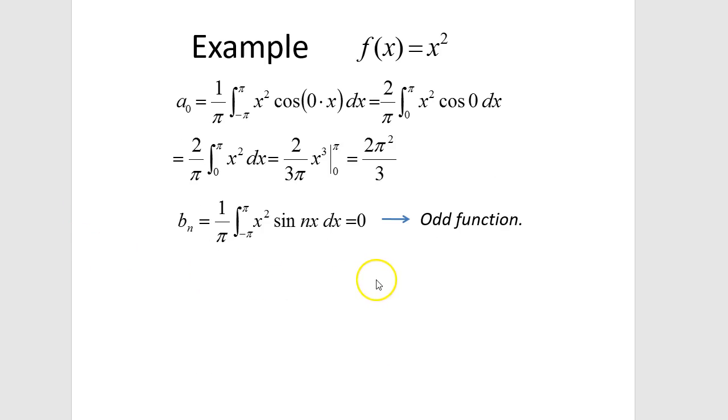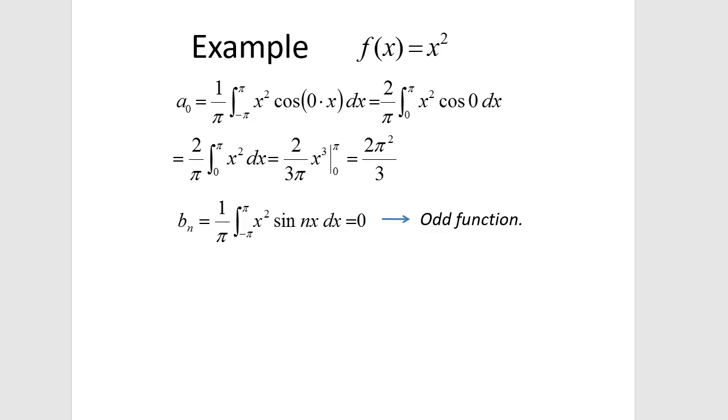So, let's compute this. We only did a(n), right? Now let's do a0. a0 is just this simple integral, which gives you 2 pi squared over 3. And for b(n), it's very easy because x squared is an even function and sine nx is an odd function. So when you multiply them and integrate, you get 0 because the product is an odd function.